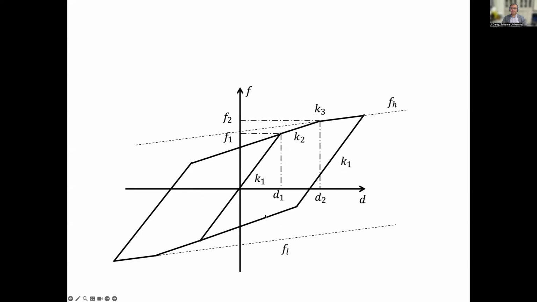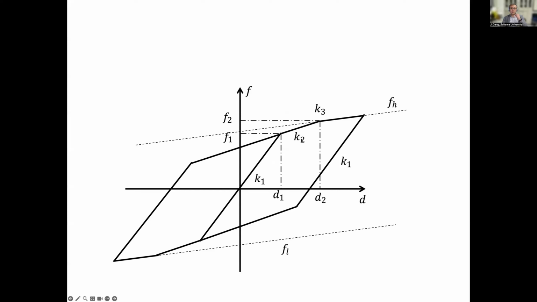Okay. So you can keep the boundary of F high and F low for the second one, similar to the QC rule, but this is just for the secondary stiffness, to keep the secondary boundary.